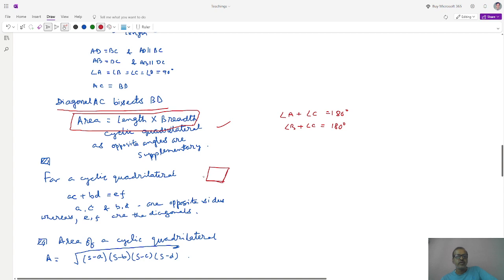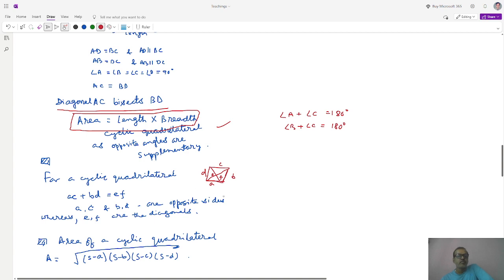If AC into BD equals that sum, then we may say that this quadrilateral is cyclic in nature.